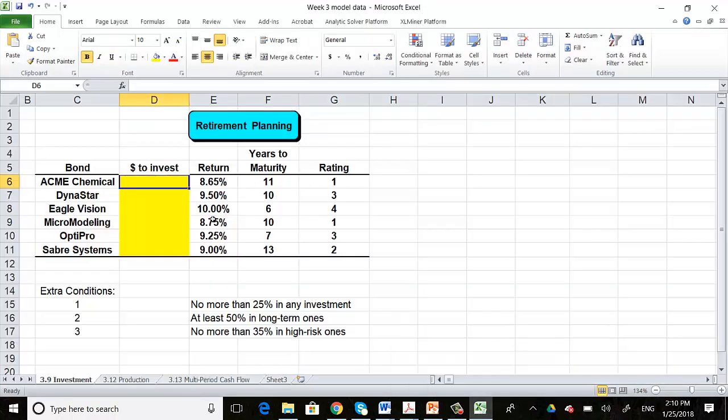So it's 1 plus those return rates, multiplied by the values, taking the sum product of this column and this column. I'm going to put it here as total.